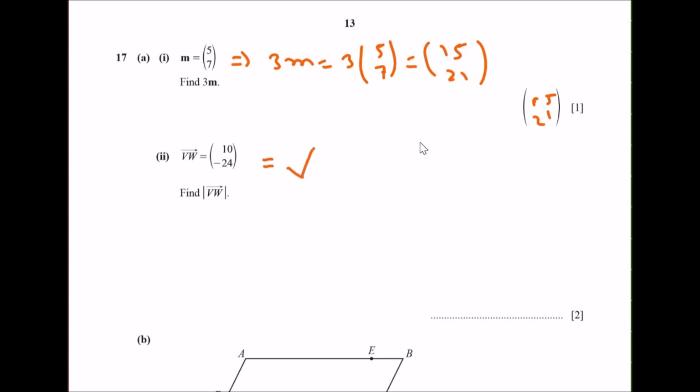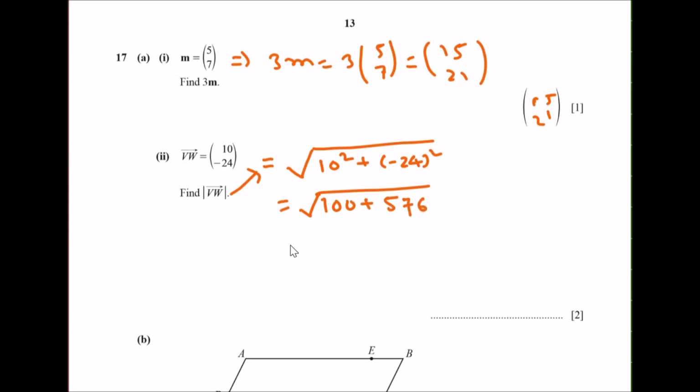So to find magnitude, we do 10 square plus minus 24 square, that is equal to root under 100 plus 576, that is 676 root, so that will be 26.